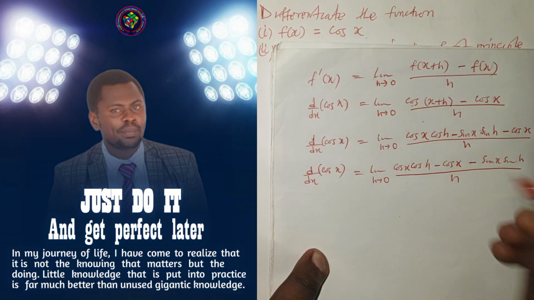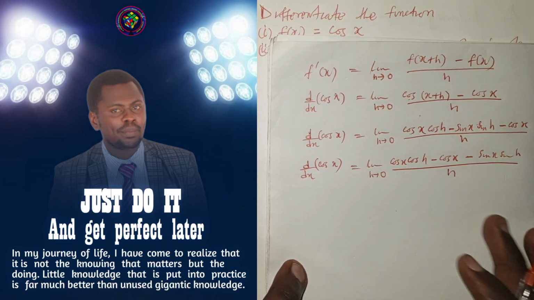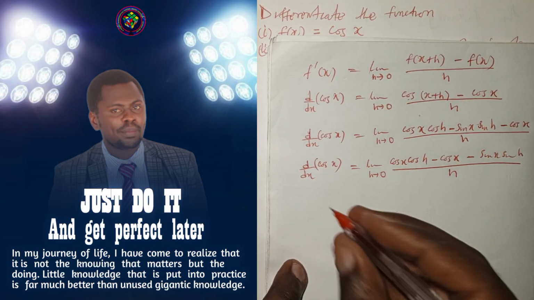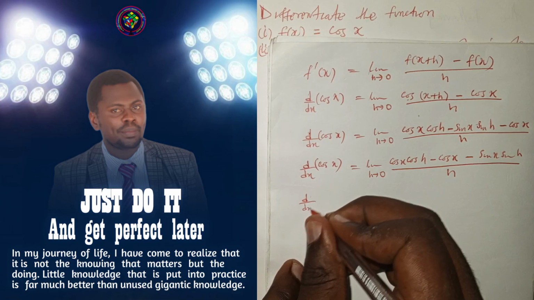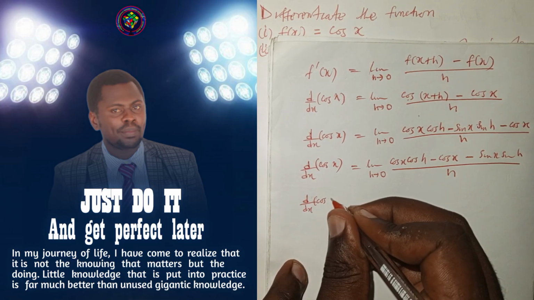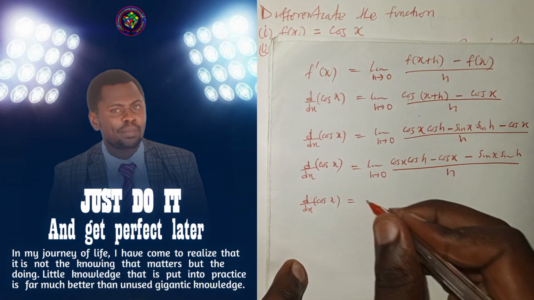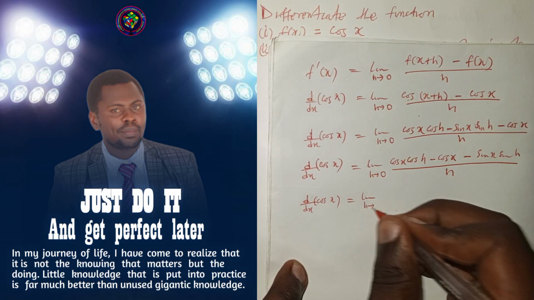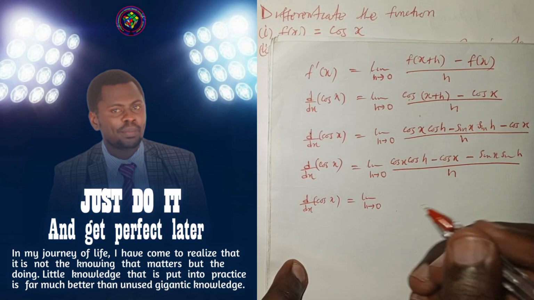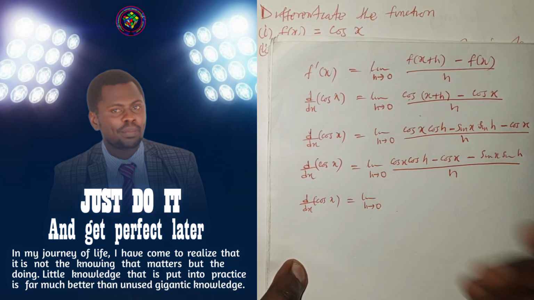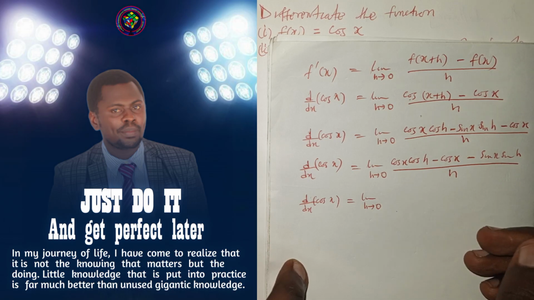Then we have d/dx of cos x is equal to the limit as h approaches 0 of, here we can divide out the cos x.